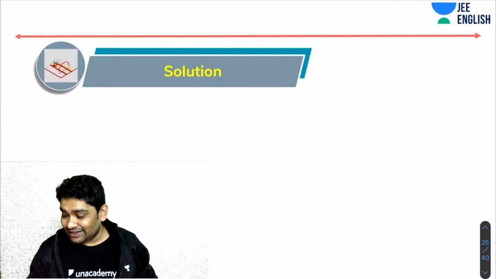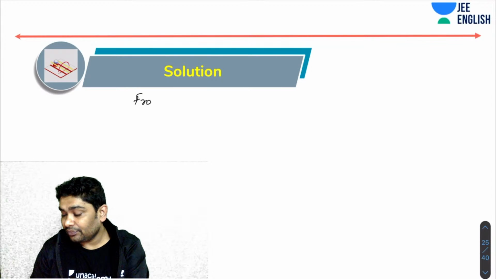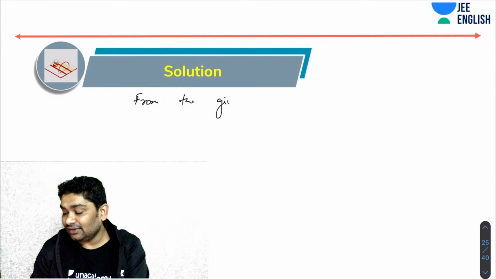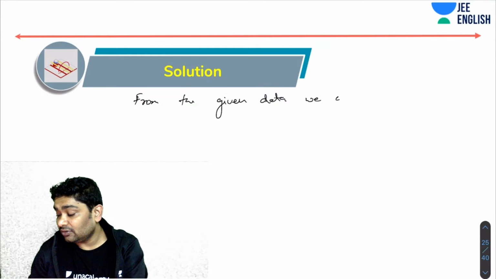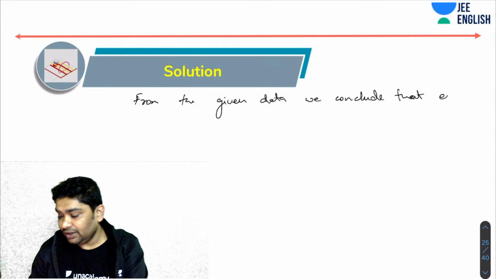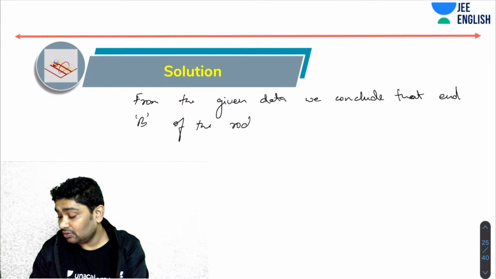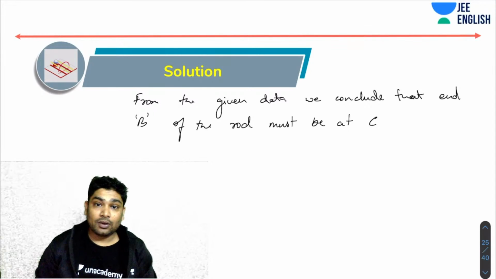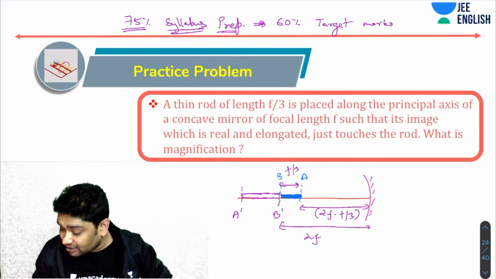Okay, so let's talk about the solution from the given data. From the given data, we conclude that end B of the rod must be at C, where C is the center of curvature, right?